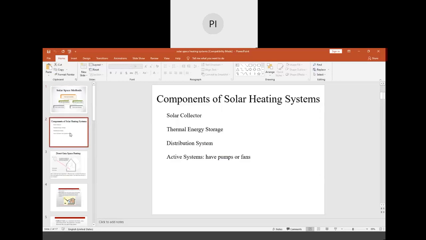There are certain components present in a solar heating system: solar collector, thermal energy storage, and distribution system.